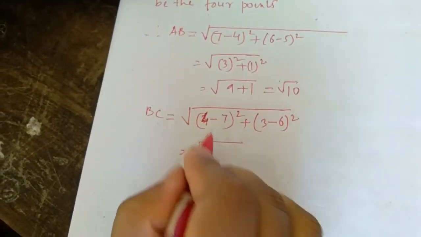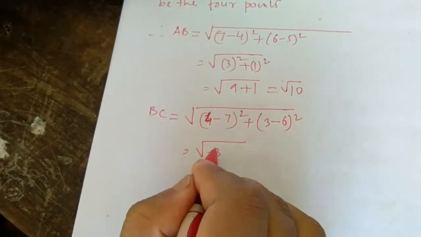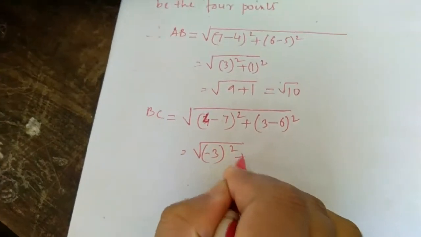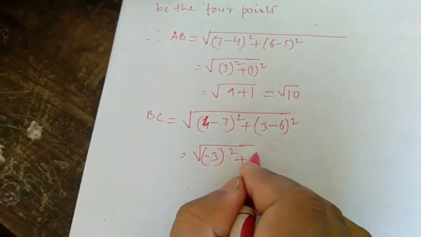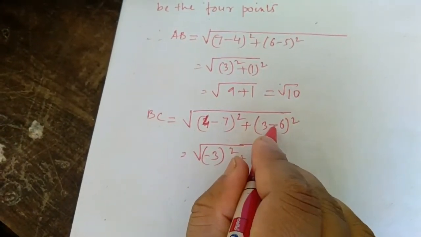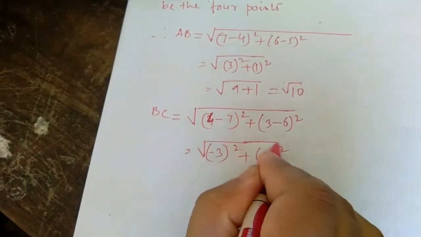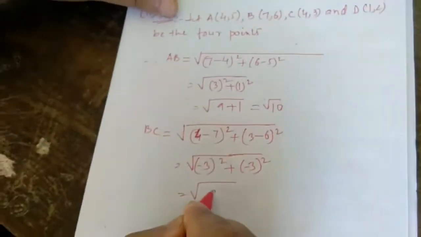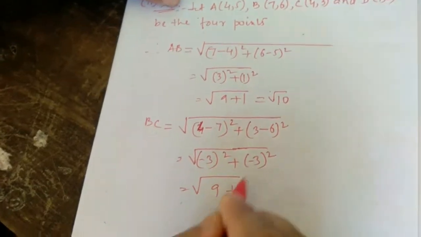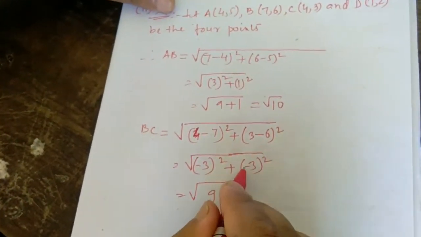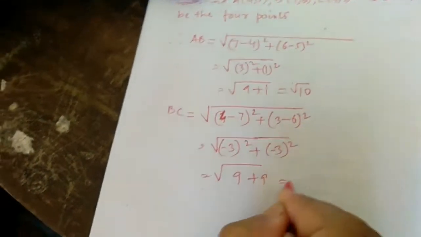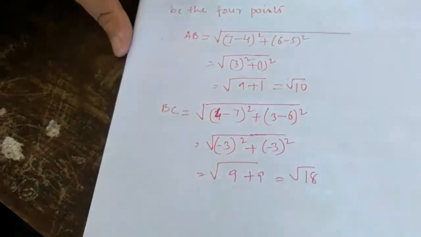So 7 minus 4 is 3, 7 is greater, so negative sign. Plus 6 minus 3 is 3, 6 is greater, so negative 3. So 3 3 is 9, power even, so plus. Again here 3 3 is 9, power even, so this negative becomes positive. So it is root 18.